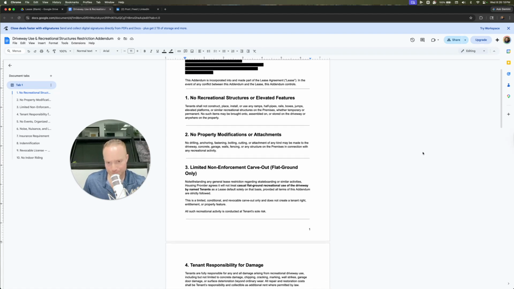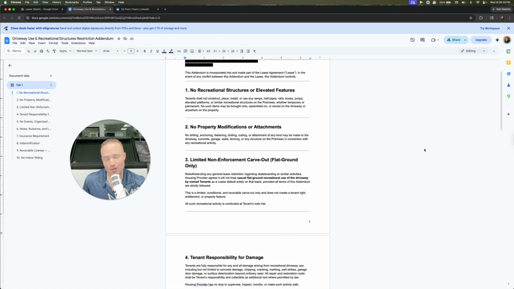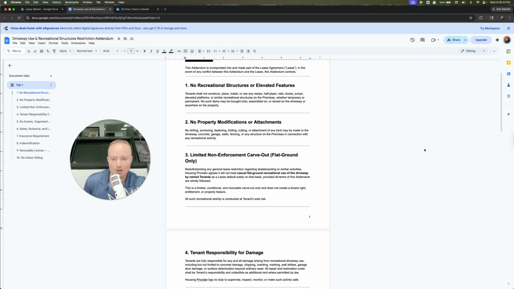And so that might seem restrictive, but what we did was it's called a limited non-enforcement carve out for flat ground skating only, right? So this is where it gets very nuanced, and this is where the protection really is. This is where the magic is. It basically says that we're not going to enforce this rule in the lease, right?